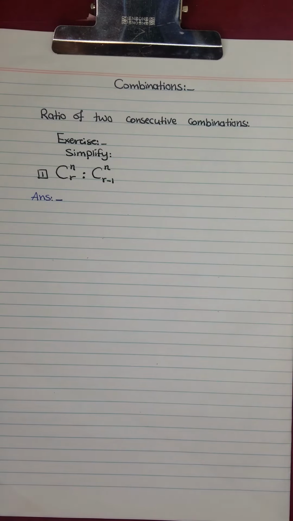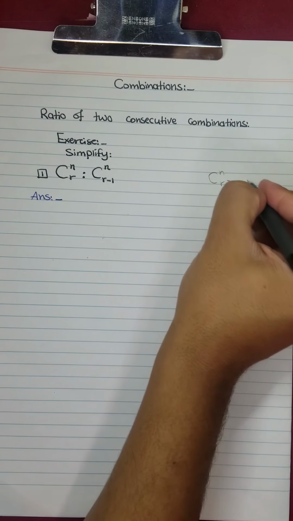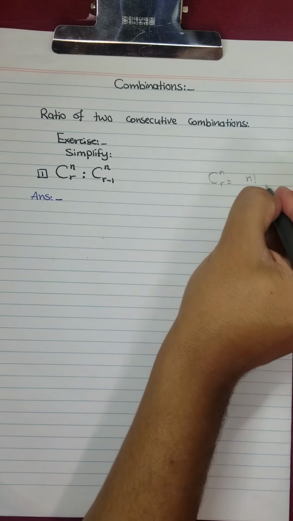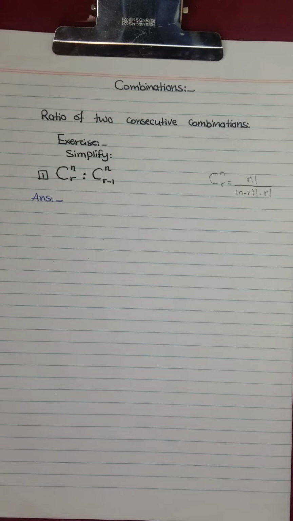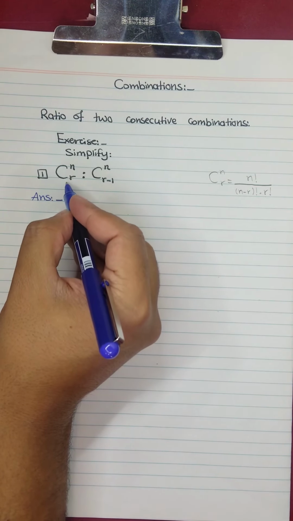We know from property number 2 that the combination of n, r is equal to n factorial over n minus r factorial times r factorial. This is the relationship that we talked about at the beginning of this class. It's the relationship between combinations and factorials. So let's apply this relationship here.